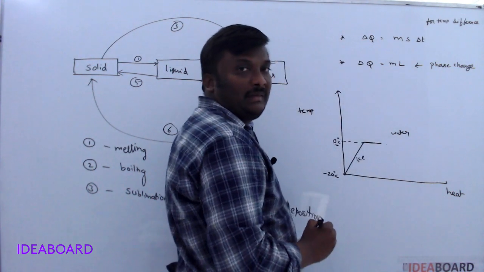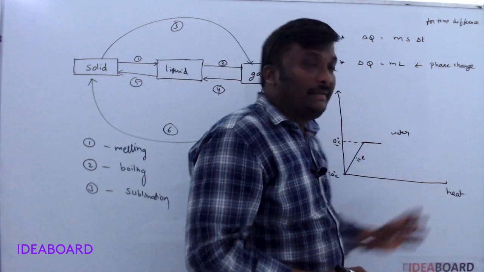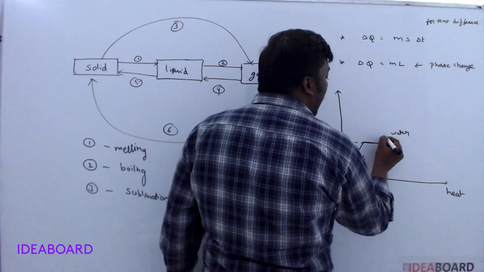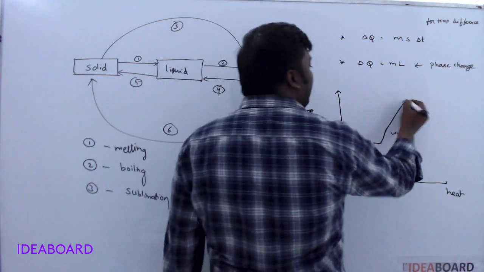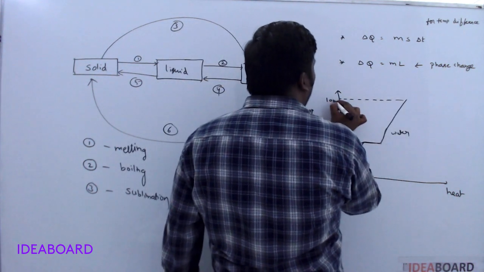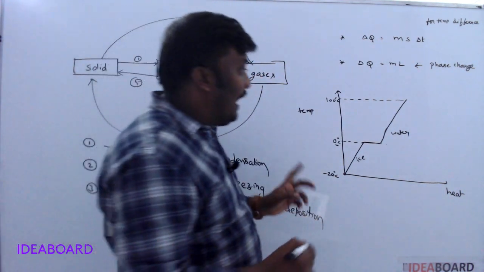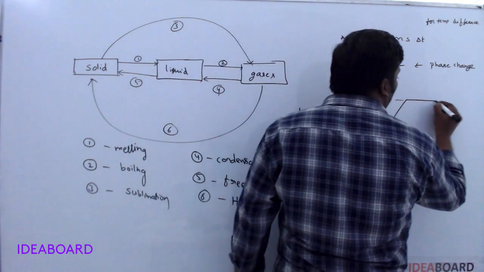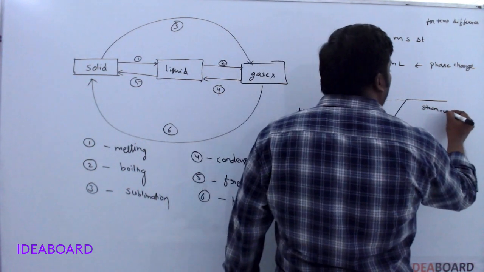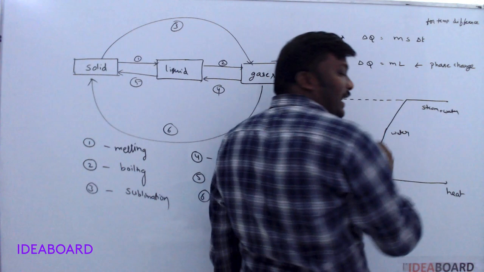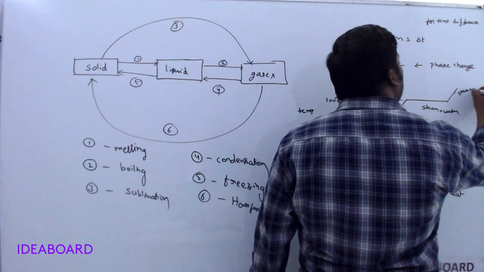When the entire ice is converted into water, then as you increase the heat, the temperature rises again until 100 degrees Celsius, the boiling point of water. Here the water is converted into steam, so it is a mixture of water and steam. After the entire water is converted into steam, the temperature rises again, and there is only steam.